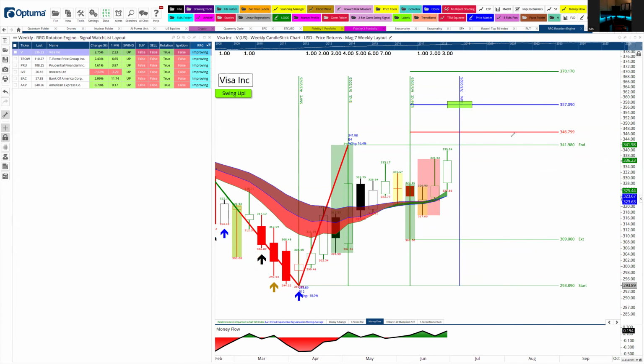So either buy the 340, sell the 350, or buy the 340, sell the 360. So you buy this, sell this, or sell this. That's the trade from here.